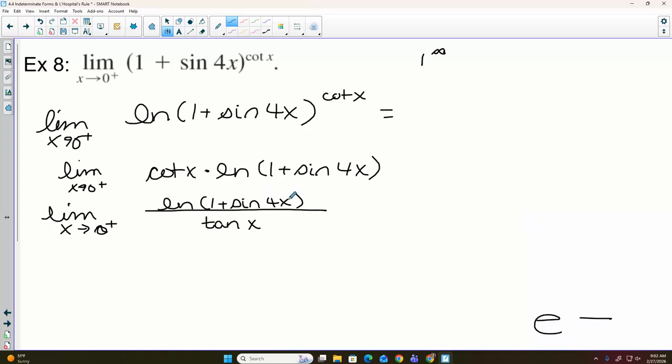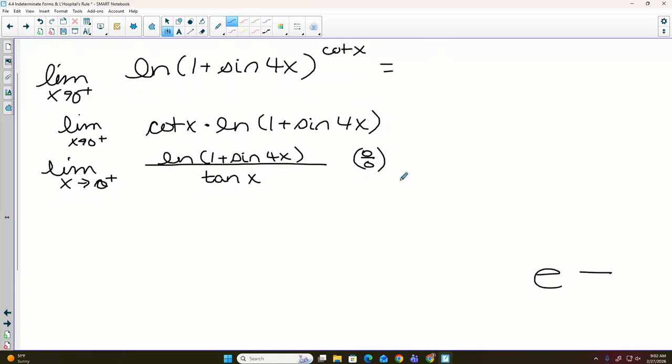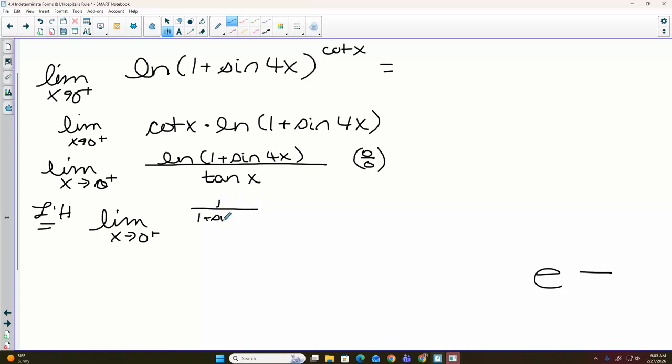Okay, so now sine of 0 is 0, so we have the natural log of 1, which is 0. Tangent of 0 is 0. So now it's 0 over 0, which means we can do L'Hopital's. So it's a bunch of fancy algebra to get to the point where we can do L'Hopital's. L'Hopital's rule says if it's a log, 1 over the argument, but chain rule there.